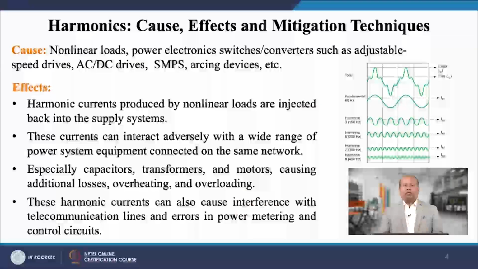As we discussed already, the causes of harmonics in the electric power system are mainly due to nonlinear components including power electronics devices.